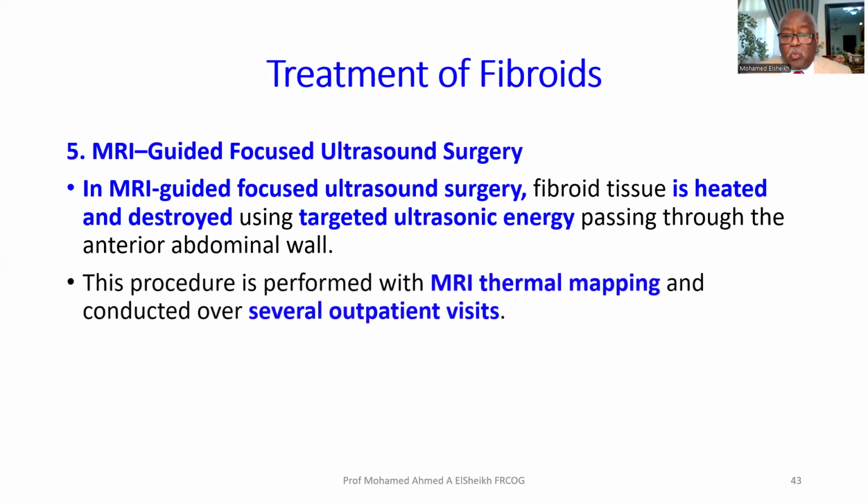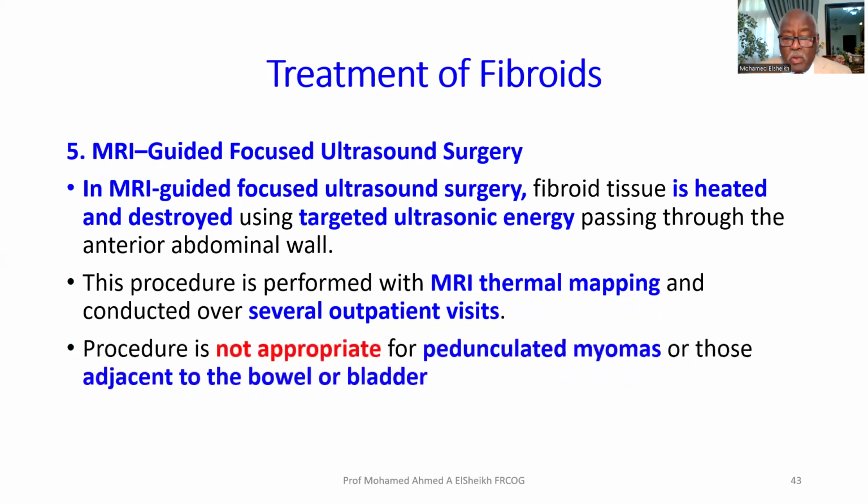The procedure is performed with MRI thermal mapping and conducted over several outpatient visits. So we heat the fibroid and destroy it using the ultrasound guided by the MRI. We focus on the tumor, leading to its destruction, as an outpatient procedure repeated several times.